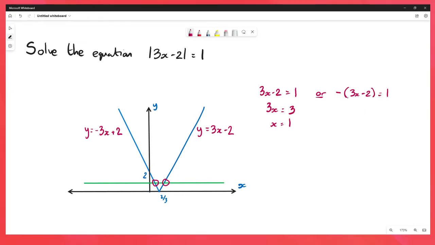So we are solving this equation as well. Now you don't need to write it with the brackets and the minus on the outside. I'm just doing that to demonstrate what's going on. I would start writing it like this and then solving from there. We can solve normally and we get x is a third.